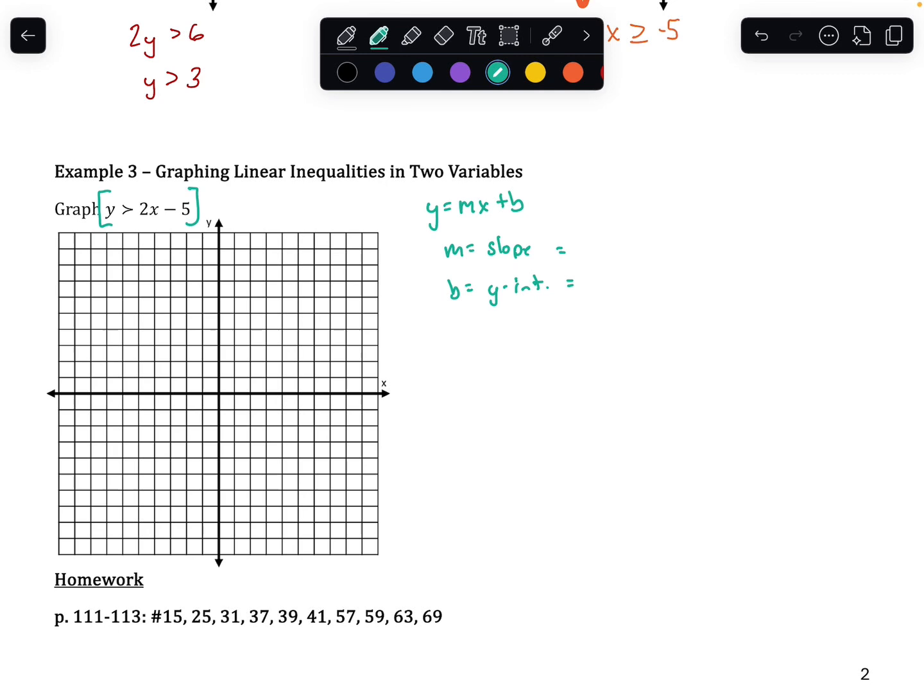So our slope is 2, our y-intercept is negative 5. So I'm going to find negative 5 because it's where it crosses the y-axis, 1, 2, 3, 4, 5. Our slope is 2, so I'm going to go up 2, over 1. Go up 2, over 1.